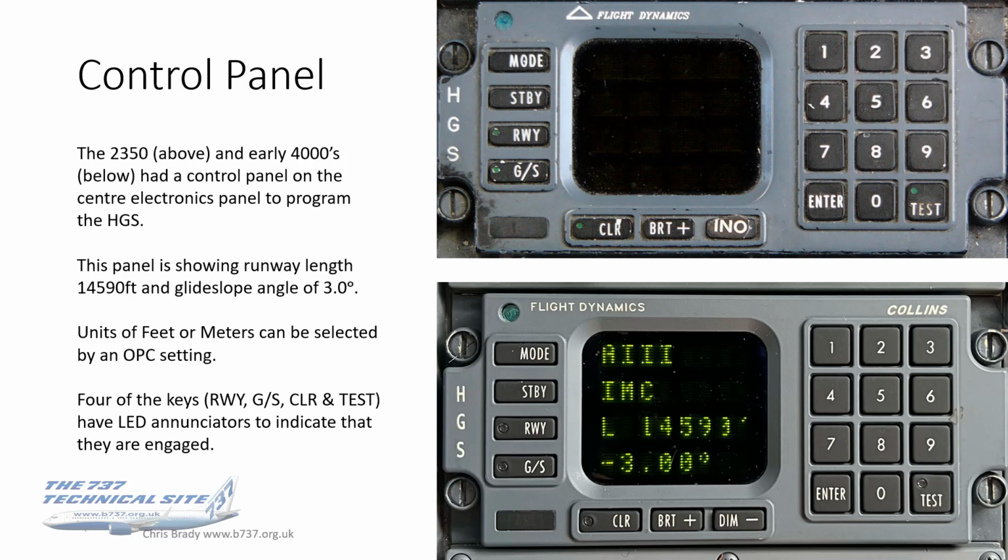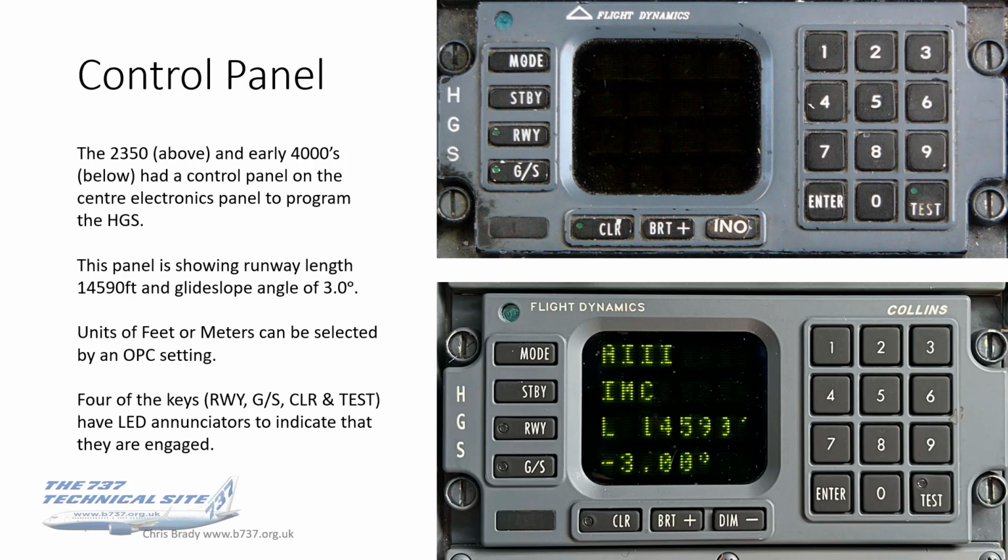The bottom one there shows you input the data for landing. You've got the runway length in there and a glide slope angle here shown as 3 degrees. There's no PC setting to switch between feet or meters on this panel, so you can have whichever your airline prefers.